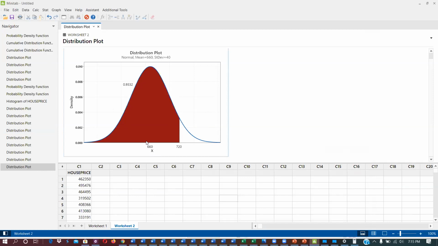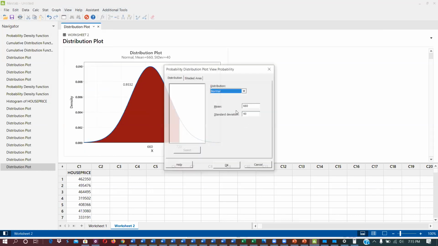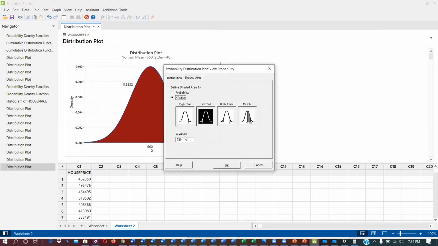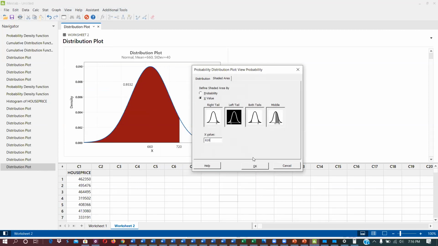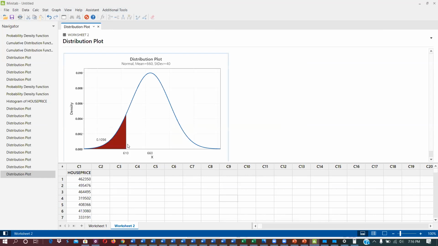Suppose I scored 610, and 660 and everything, and in what percentile am I? So probability distribution, okay. And let's see, I put 610 here. Certainly it is less than 50 because 660 is the 50% mark. And I can say I am in the 11th percentile because 10.56%.